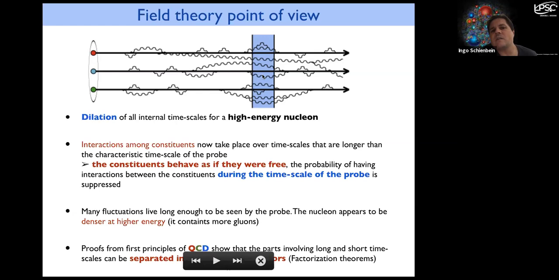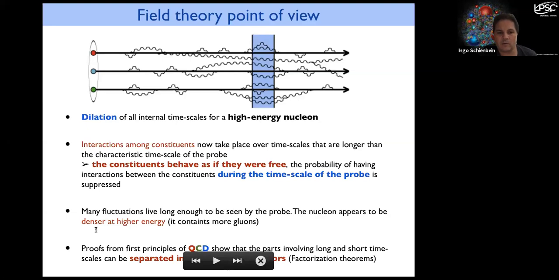But essentially, the probability that during this interaction, the two quarks here, for example, are coupled by gluons, this probability gets suppressed. And that is then the reason why kinematically one can hope to have interactions by free partons up to an error which is suppressed.